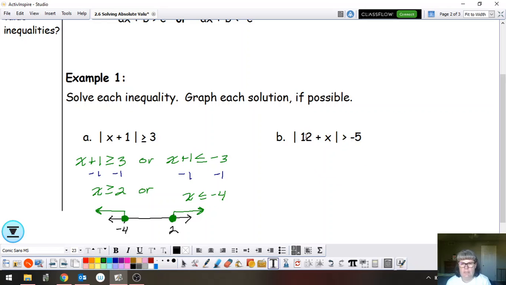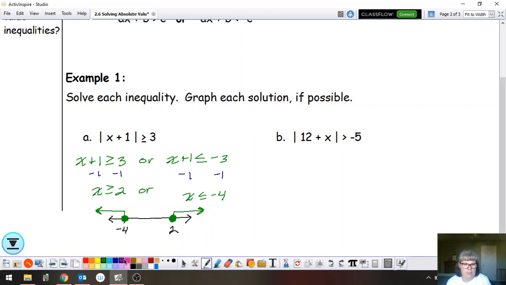So distance is always positive. Isn't a positive number always more than a negative number? I hope your response to that is yes, a positive number is always more than a negative number. So our solution to this is all real numbers.